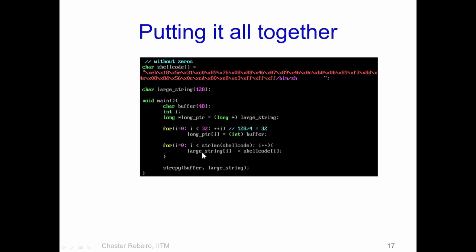In the first part of this large string is the shell code, and then it is followed by the buffer address, and then if there is a function like string copy which copies large string into buffer, it will result in a buffer overflow, and instead of the function returning to this particular point soon after string copy, it will on the other hand execute this particular shell code and cause the shell specified by this command to be executed.